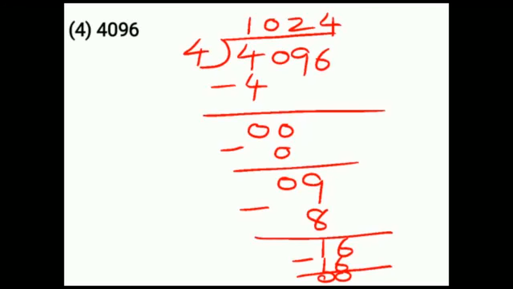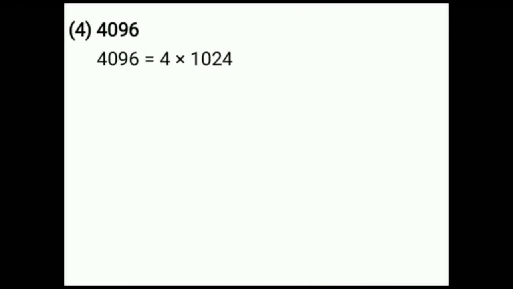Quotient is 1024. 4096 is equal to 4 into 1024. This 4 you have to write as it is now. Next step.